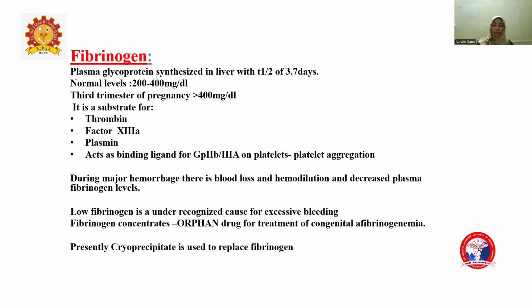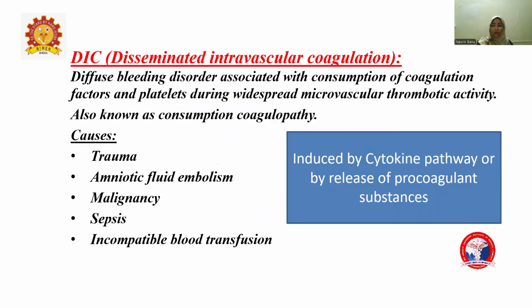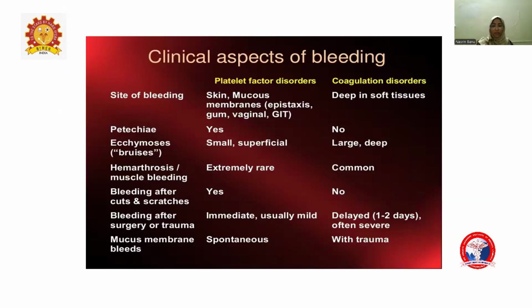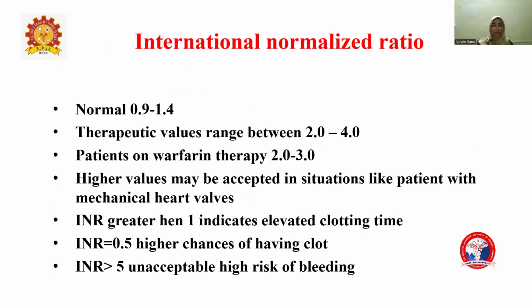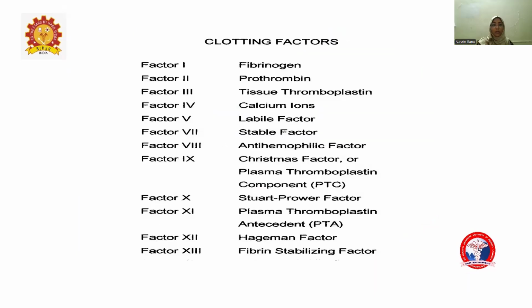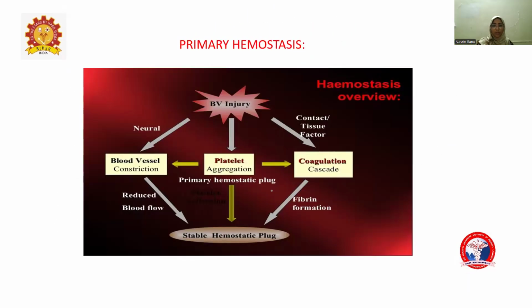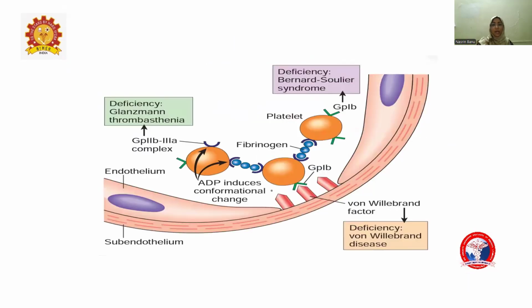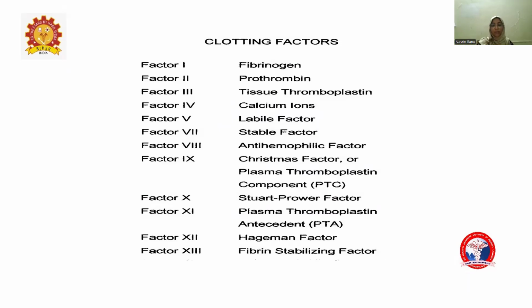So let us summarize the class. What all have we seen? We initially saw what hemostasis is, that is the extrinsic and intrinsic pathway. We have seen the clotting factors, primary hemostasis, and secondary hemostasis.